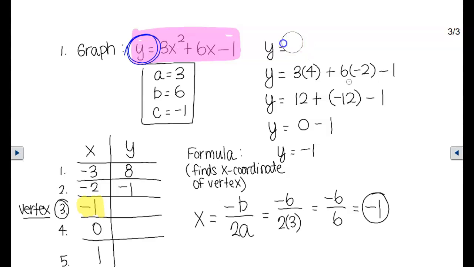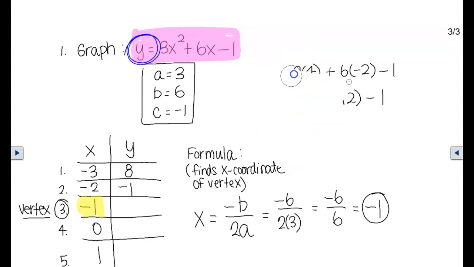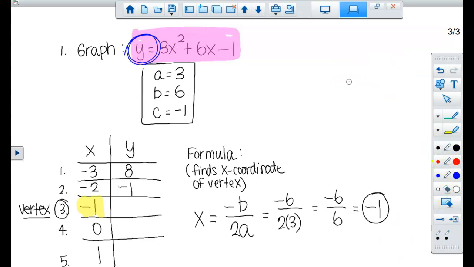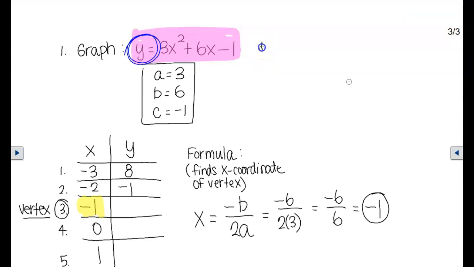All right. Clean us up a space here again. All right, so now we're at negative 1. So we're going to plug in negative 1 for the x's. 3 times negative 1 squared plus 6 times negative 1 minus 1. Do your exponent first. Negative 1 squared is positive 1.